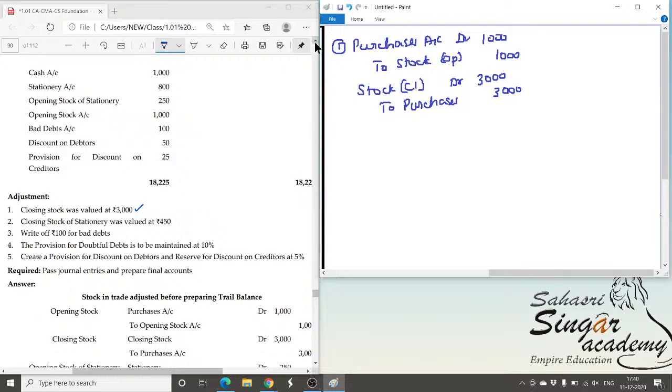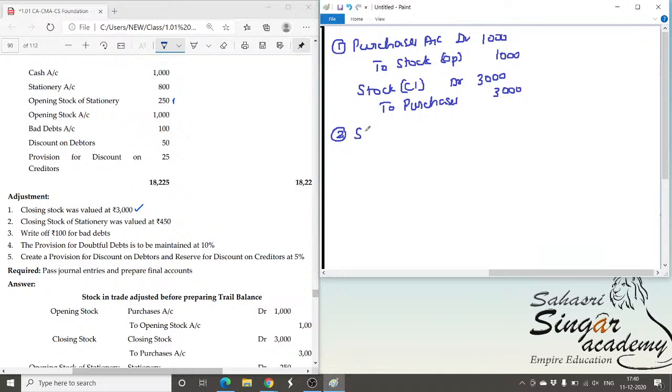Right. Similarly, we have the stationery. Here we have opening stock of stationery. The same way, how do we handle it for purchases now? The same way we are going to treat the opening stock of stationery and closing stock of stationery also. But rather than adjusting that in the purchases, whenever you purchase stationery, it is named as stationery only. So I'm going to adjust that value in this stationery.